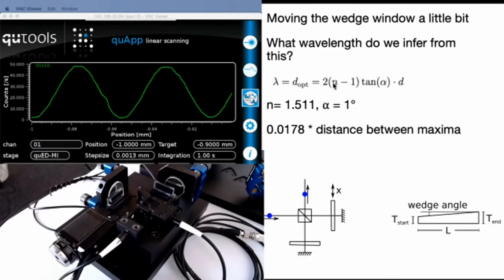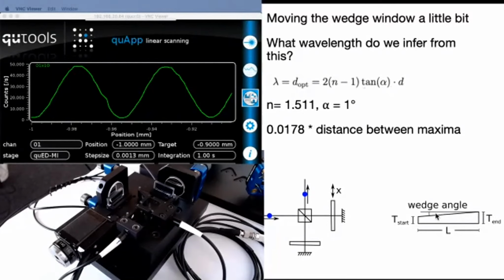Then n is the refractive index of this piece of glass. In our case, this is about 1.5. And you have to subtract the refractive index of air. That's why it's n-1, because the refractive index of air is very close to 1.